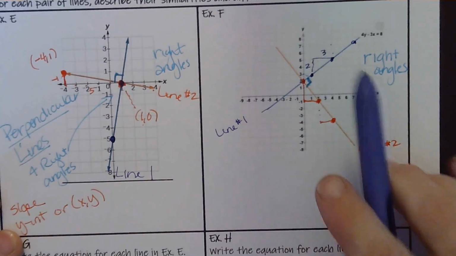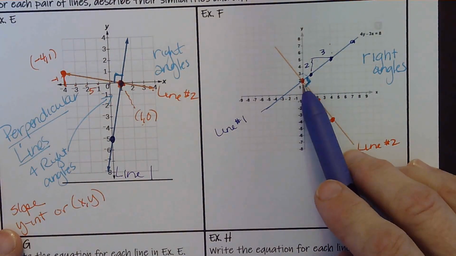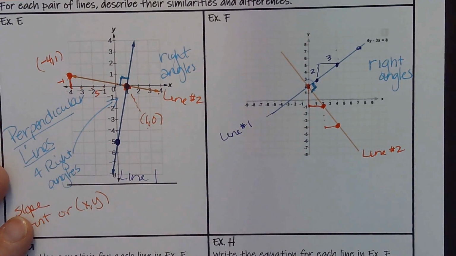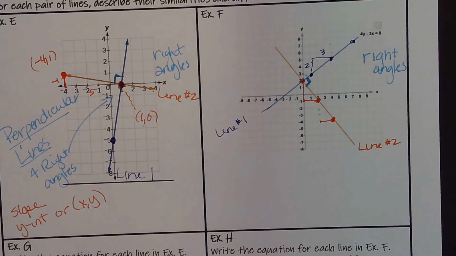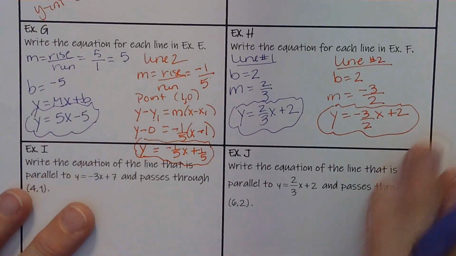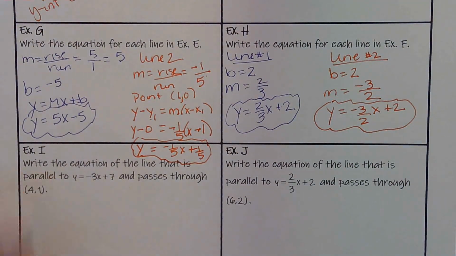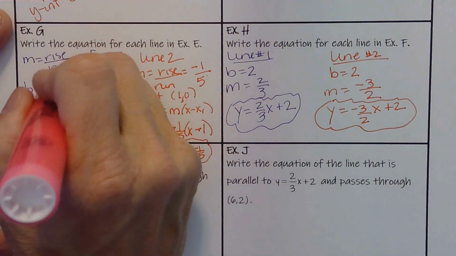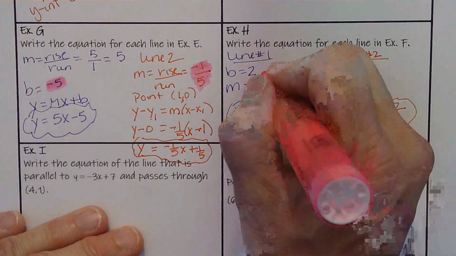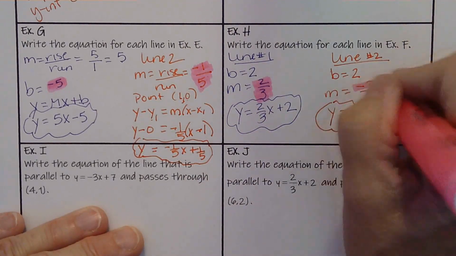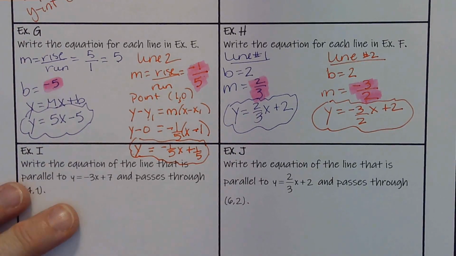When you have lines that intersect at 4 right angles, that means those lines are perpendicular, and there is something specific and special about the slopes of the lines. So what do we notice about the slope of the perpendicular lines for this example and for this example?